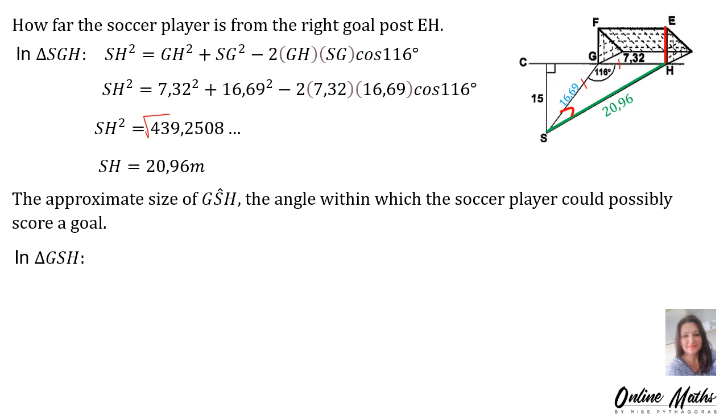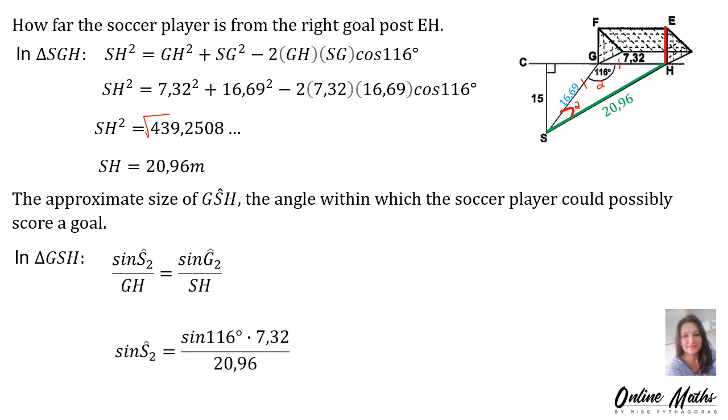So in triangle GSH, we find the sine of S2 over GH. Let me just show you this one. I labeled it S2 is equal to the sine of G2, which is the 116 degrees. Let me show you. This is G2 over SH, the one we just calculated.